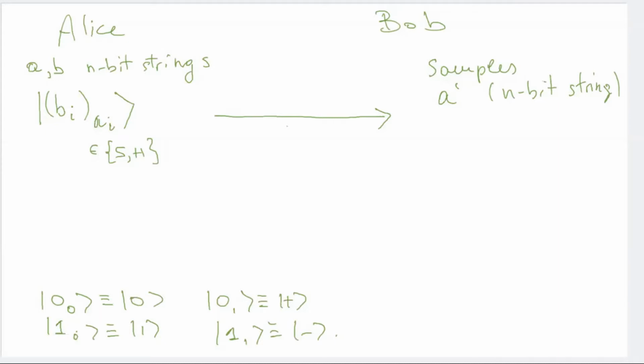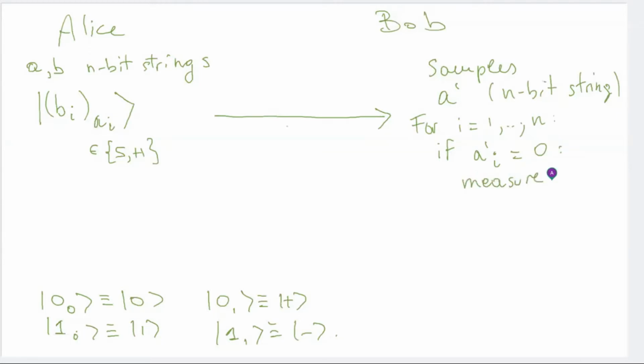Then Bob goes qubit by qubit, for i equals 1 to n. If A prime i is equal to 0, meaning standard basis, just measure.